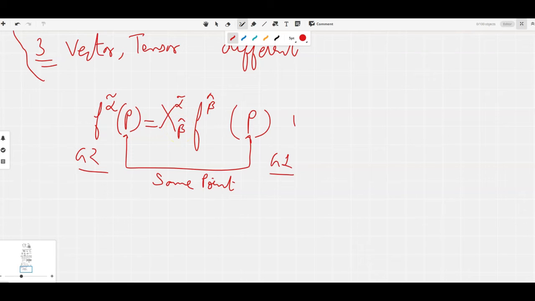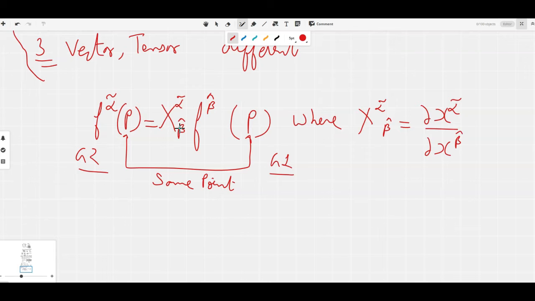So where x alpha tilde beta caret is the partial derivative of the coordinate x alpha tilde with respect to x beta caret.